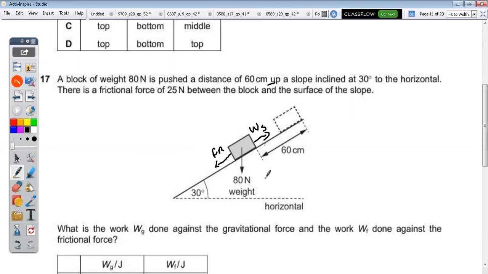That's your WF there. Clear there? Then your gravity is this, which is moving weight like this. So it means your work done against gravity is this one, which they call WG. Clear?